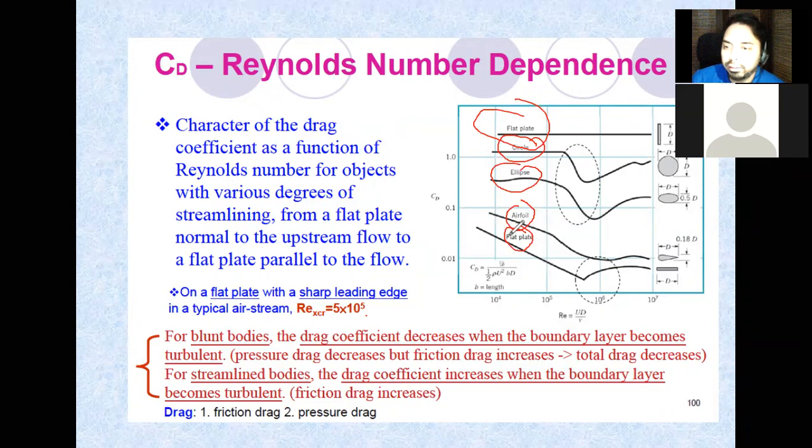All of them have a little bit of change in the drag coefficient and subsequent drag force at a certain Reynolds number, especially when the flow starts to become turbulent.